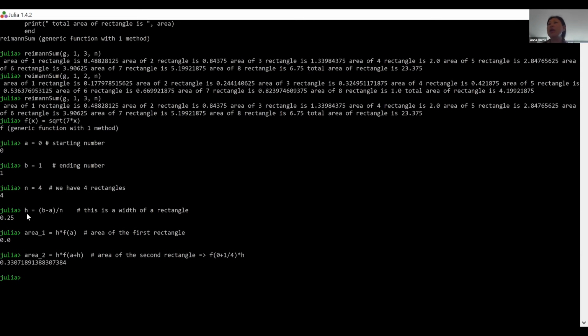All right. What's the next one? What's area 3? The very first one is the first rectangle, second rectangle, and all that. So you're adding 1/4. Now how many am I adding? I'm going to multiply by 2 of that.